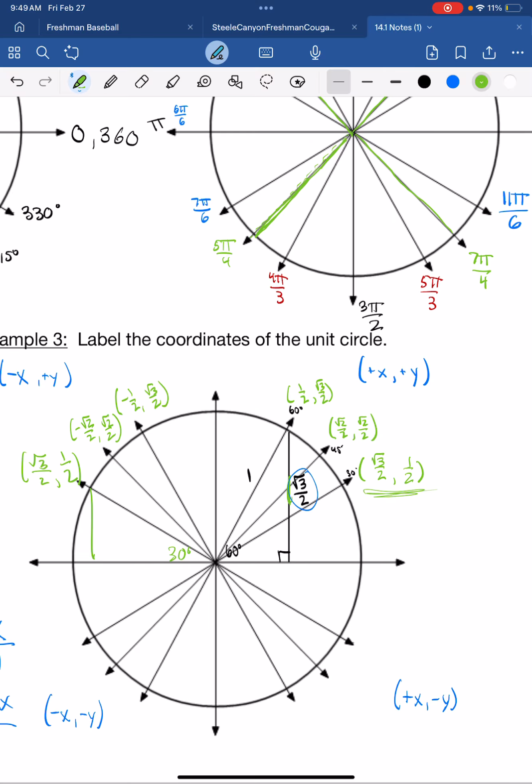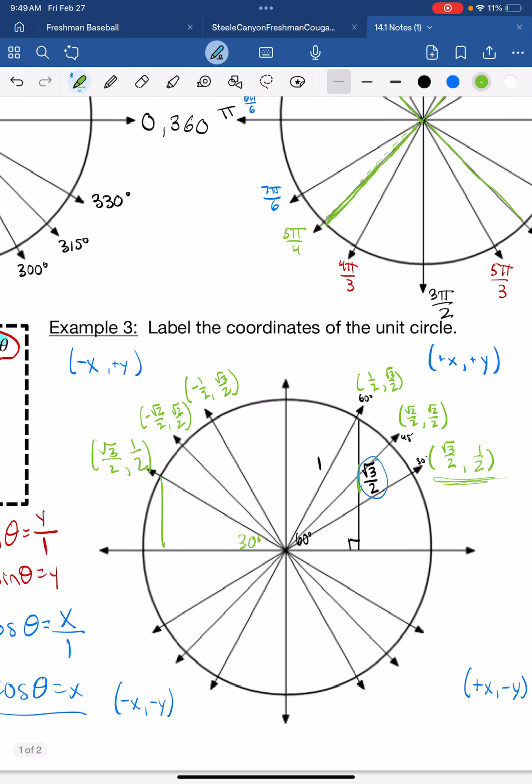Okay, and then let's keep going. So down here in this quadrant, they're both going to be negative. I like doing the 45 first. So you've got negative root 2 over 2, negative root 2 over 2. The one closest is your 30-degree reference angle, as we just did. So that should be negative right there. We would have a negative root 3 over 2, and now our y is also going to be negative, right?